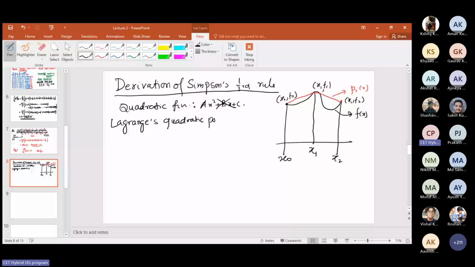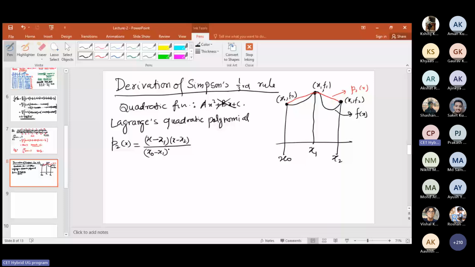So Lagrange gave a quadratic polynomial. Obviously, it is passing through 3 points. So a quadratic polynomial passing through 3 points, this formula was given by Lagrange, P2(x). And the formula for that is (x minus x1)(x minus x2) over (x0 minus x1)(x0 minus x2).